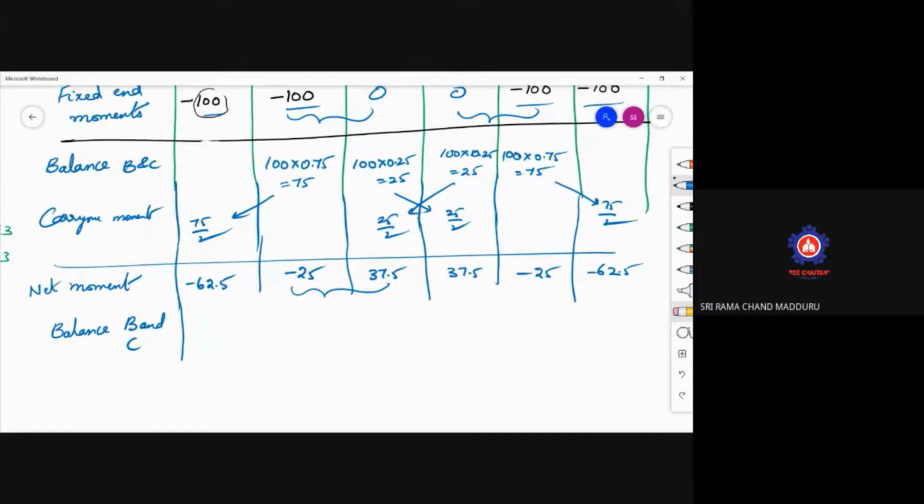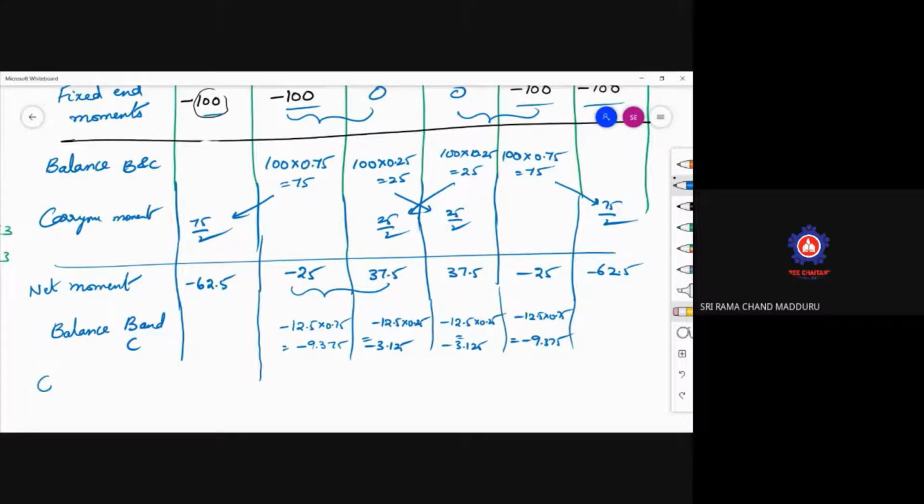So this 12.5 you take as negative 12.5 into 0.75, minus 12.5 into 0.25. This is 37.5 minus 25. Similarly, this is also minus 12.5 into 0.25, minus 12.5 into 0.75. What is the value here? Minus 12.5 into 0.75. What is the value?